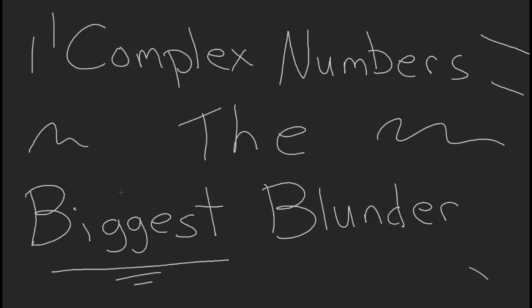So today I want to talk about complex numbers, and it has occurred to me over the years that complex numbers are in fact the biggest blunder. Now, not complex numbers themselves, but the way that they have been taught and the way that they have been interpreted in various fields.